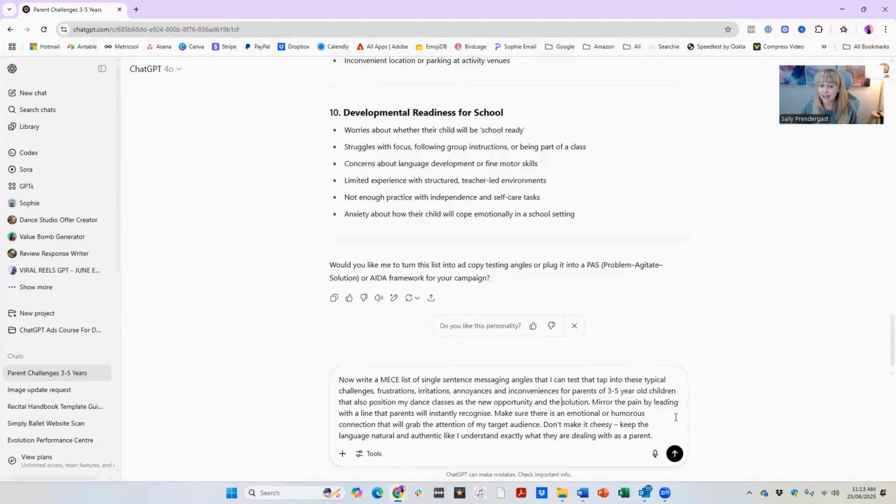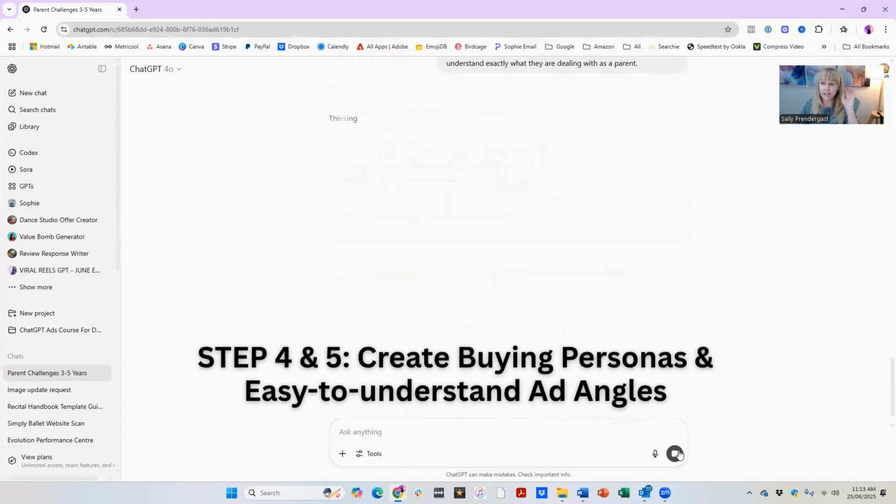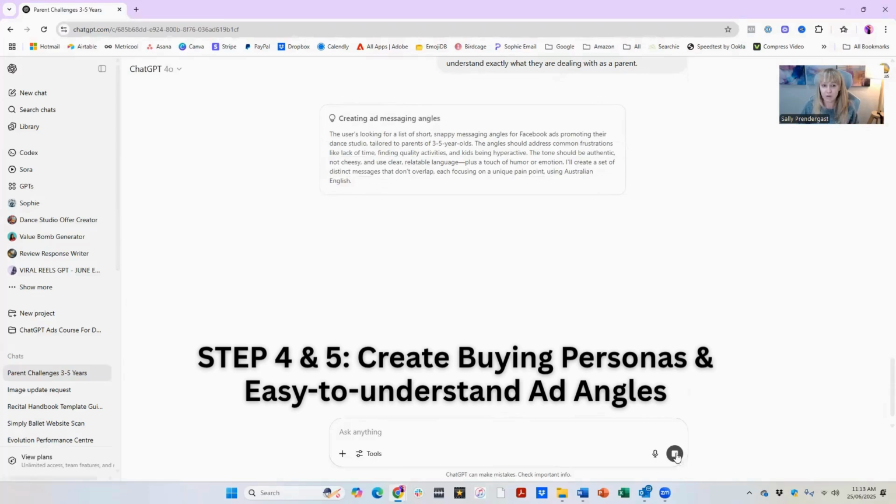Mirror the pain by leading with a line that parents will instantly recognize. Make sure there is an emotional or humorous connection that will grab the attention of my target audience. Don't make it cheesy. Keep the language natural and authentic, like I understand exactly what they are dealing with as a parent. So now what we want it to do is to create messaging angles that we can put in an ad campaign to test what actually resonates with our audience.